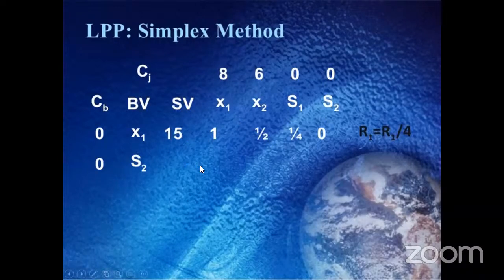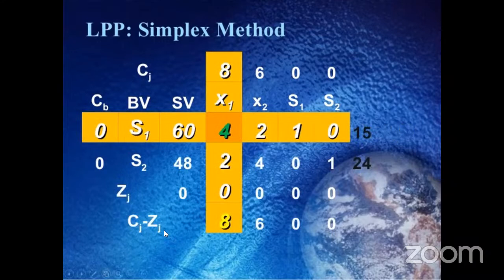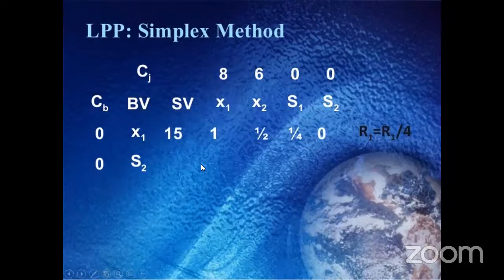The next, second row, how to calculate? The second row is calculated by taking the old values minus the key element of that row times the new row values. The key element of the second row is 2. So old values are the same, 48, 2, 4, 0, 1, minus 2 into the new values we got in the first row, that is 2 into 15, 2 into 1, 2 into 1 by 2, 2 into 1 by 4.